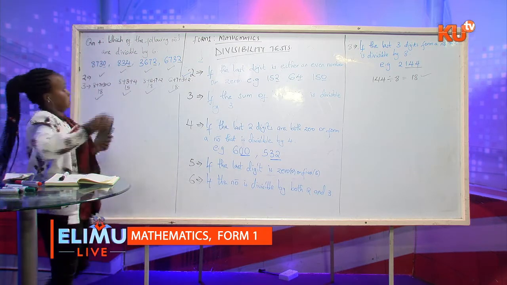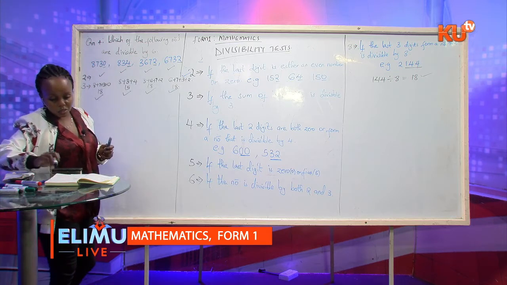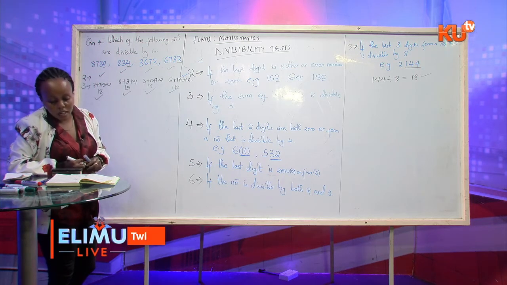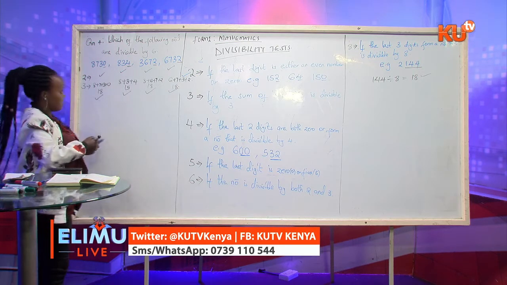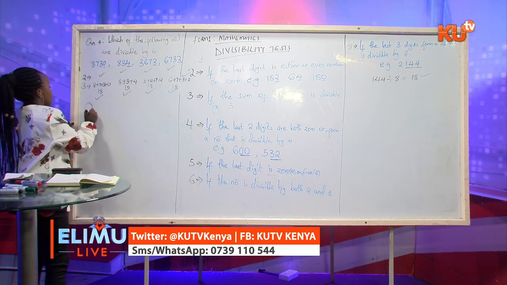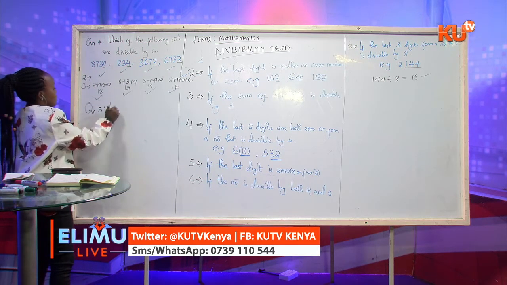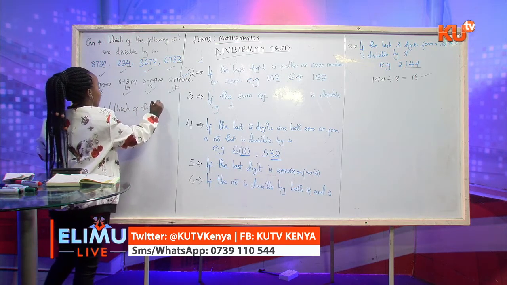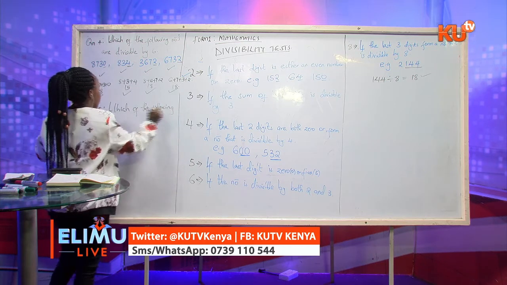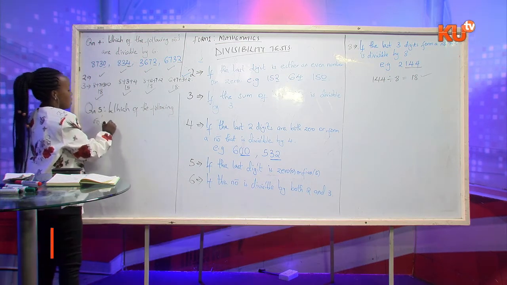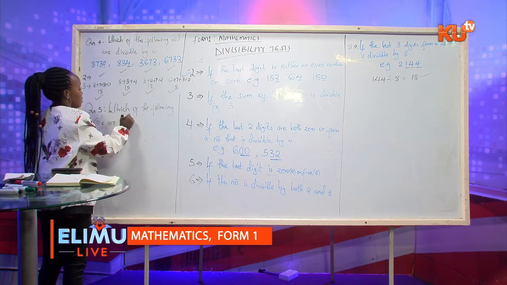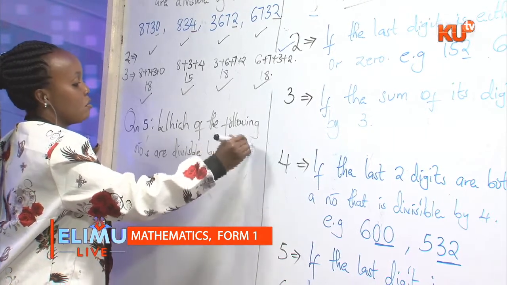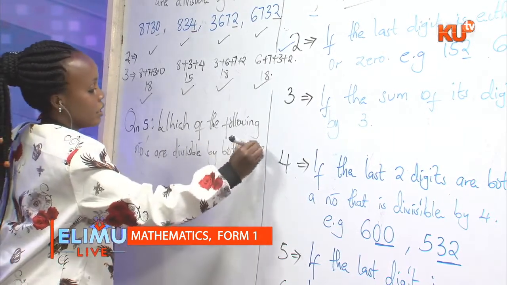So let us see if we can tackle a certain question here. We are asked which one of the following numbers are divisible by both 4 and 8. So our question 5: which of the following numbers are divisible by both 4 and 8?